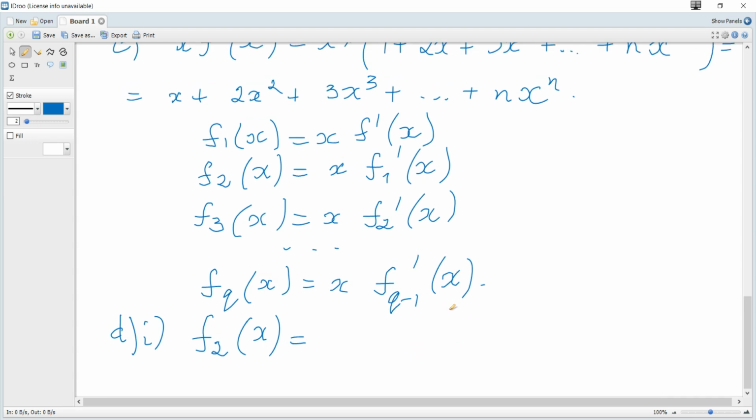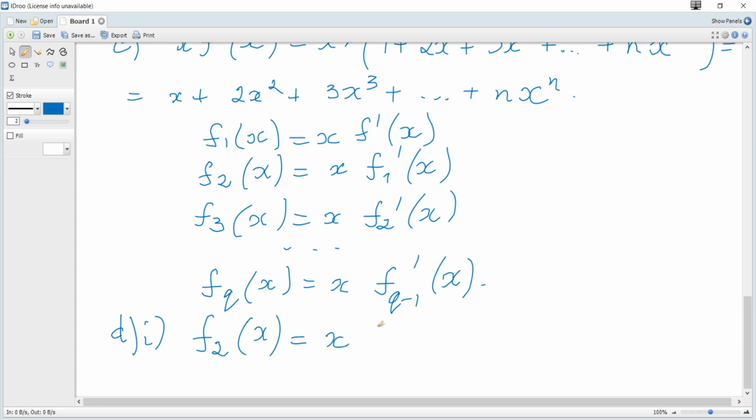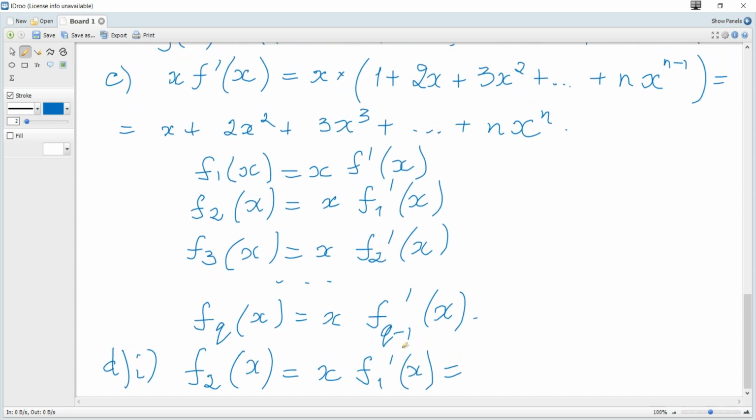So we should consider f2. What is f2? It's x times the derivative of f1, and what is f1? It's x times the derivative of f, and it's actually the result.